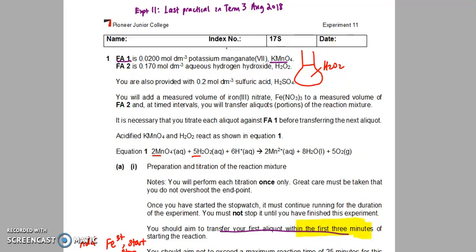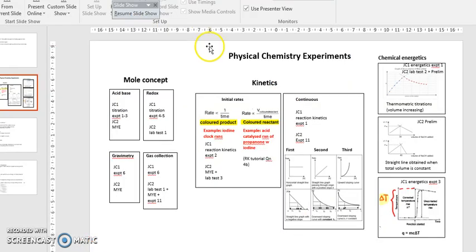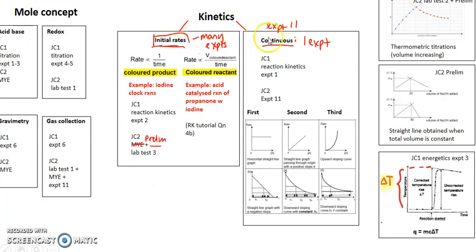Okay, now before I begin on the Experiment 11 debrief, just to run through this part very quickly. Let's compare, because in kinetics, there are two types of experiments: initial rates versus continuous method. What is the key difference?